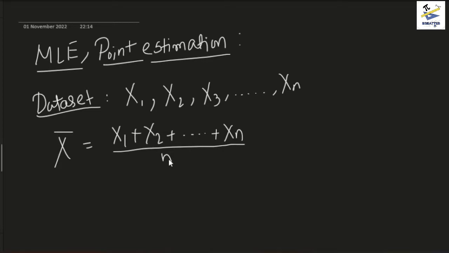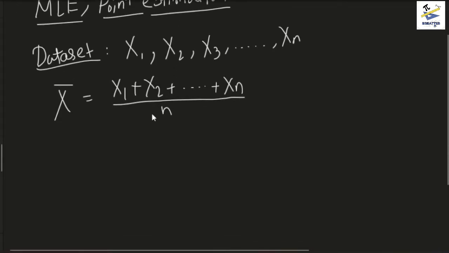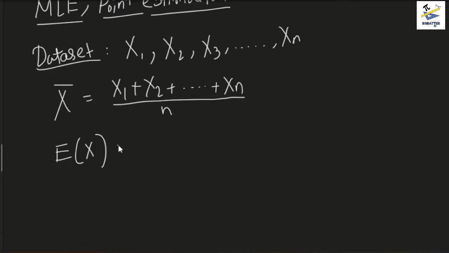Okay, this is the sample mean, and we also know the variance. I have already defined moments, but I'll just write it down again. The average, which is given like this, the average E of x, or the expectation of the data set, if the data set is discrete here in this case, is basically equal to the sample mean, right?